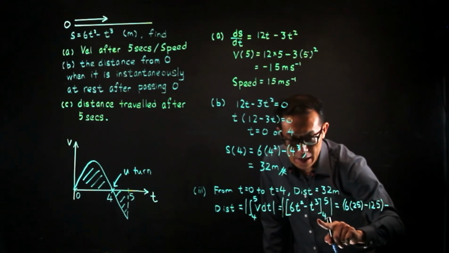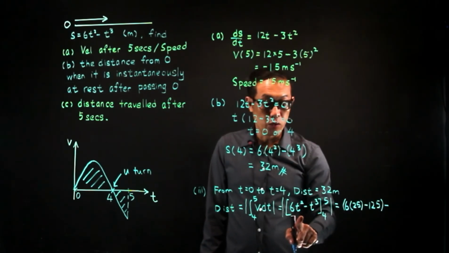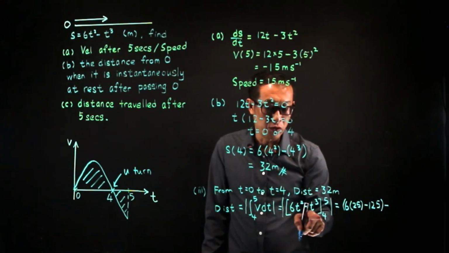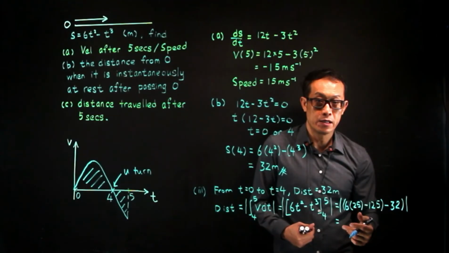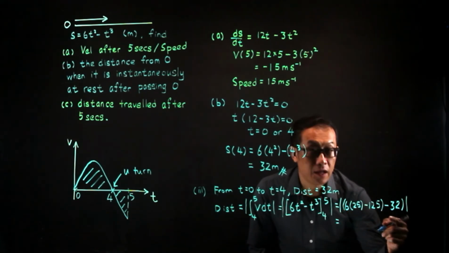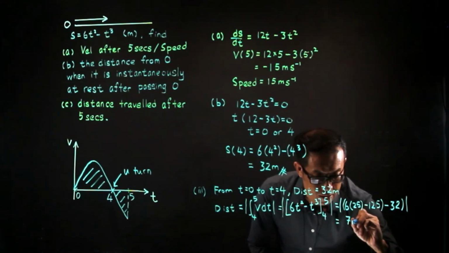Then you must minus the value when t is equals to 4. But we found earlier that this value when t equals to 4 is 32. So you minus 32. Then we close the bracket and you must take the modulus of it. Now, if you key this into the calculator, you will get a value of 7, or minus 7, but you are taking the modulus of it, so you get 7 meters.